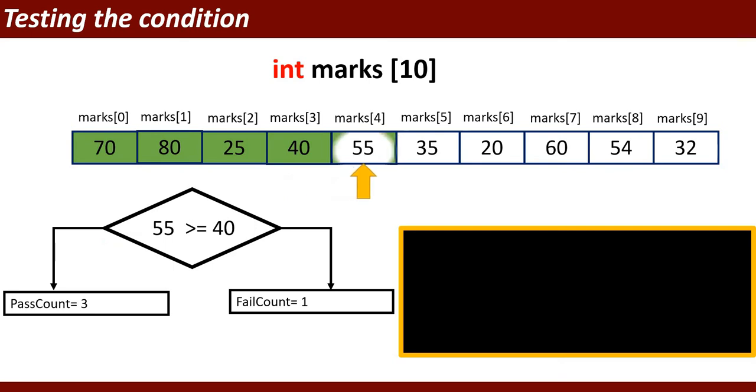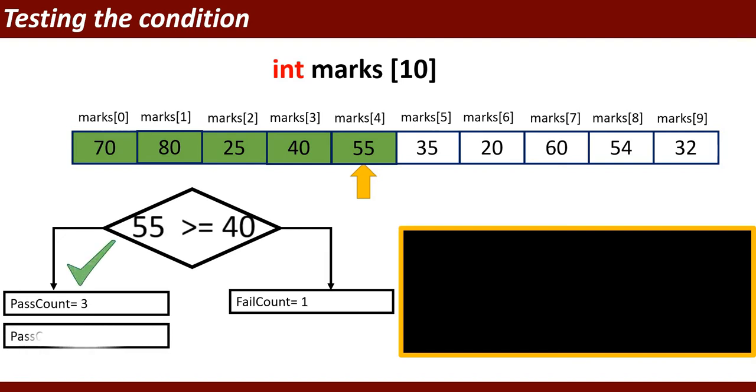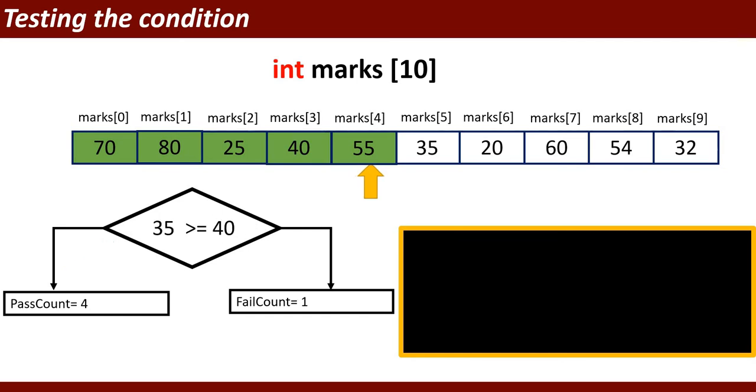Next, it will test 55 is greater than equal to 40. Yes, it is true. When it is true, it will increment in pass count by 1, and pass count value will become 4. Next, it will check 35 is greater than equal to 40. This condition is false.